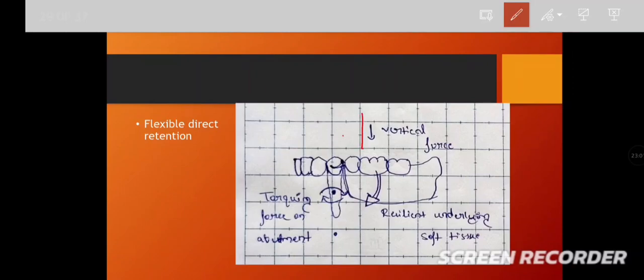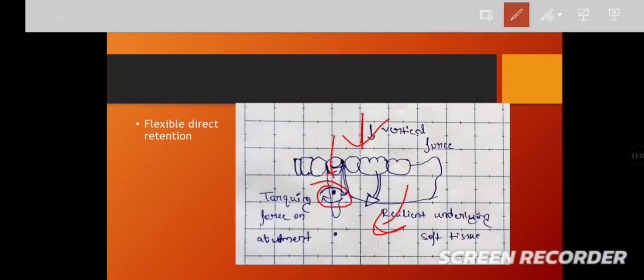When there is a vertical movement of the denture base, the soft tissue will get displaced and it leads to torquing force on the most posterior abutment tooth, leading to its mobility or tilting of the abutment.